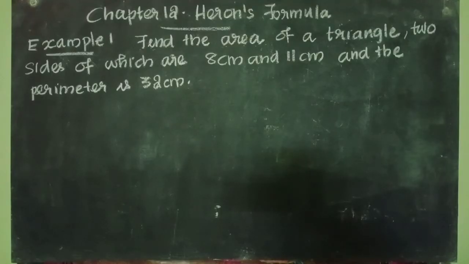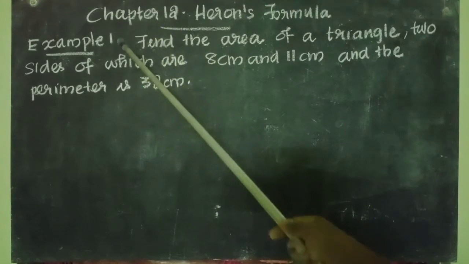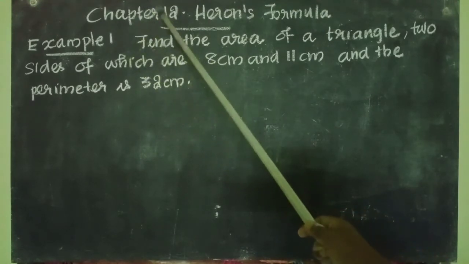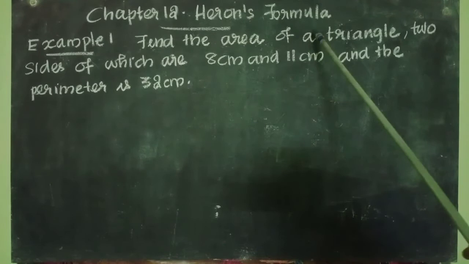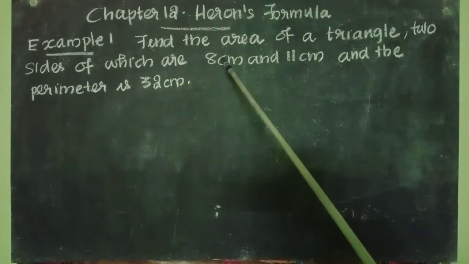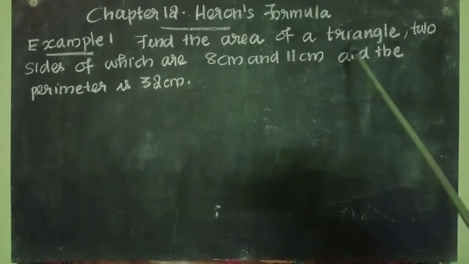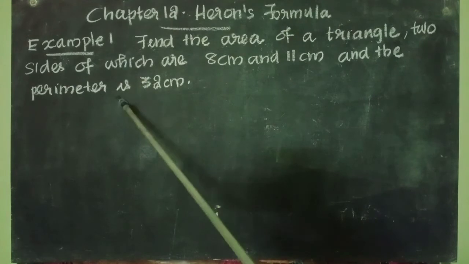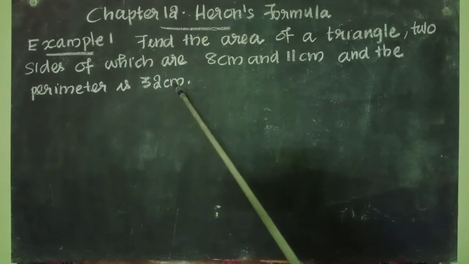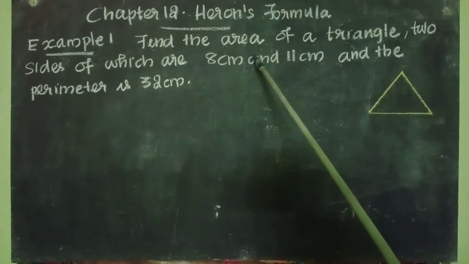To understand more about Heron's formula, let us discuss one example. Find the area of a triangle, two sides of which are 8 cm and 11 cm, and the perimeter is 32 cm. So here I have drawn a triangle. Let us mark the sides given.